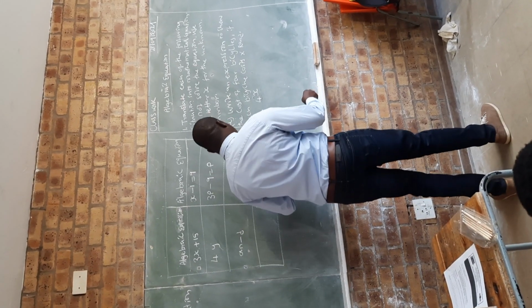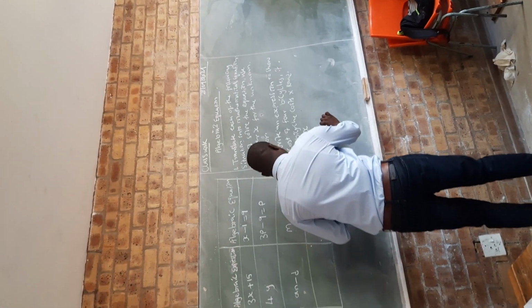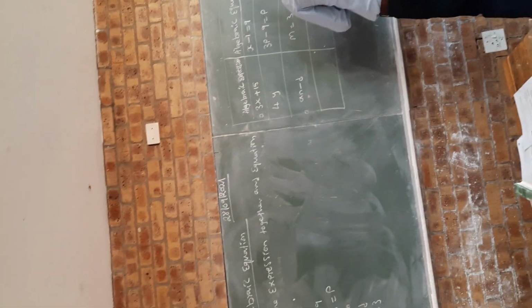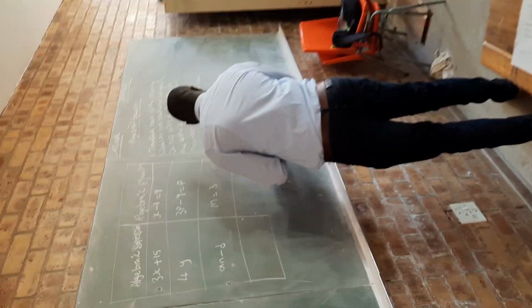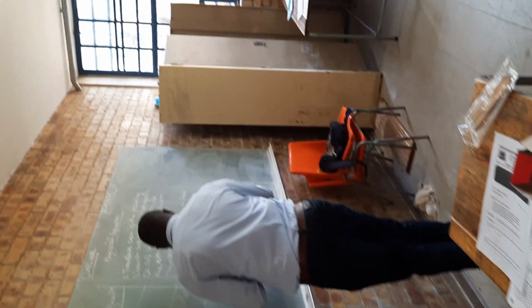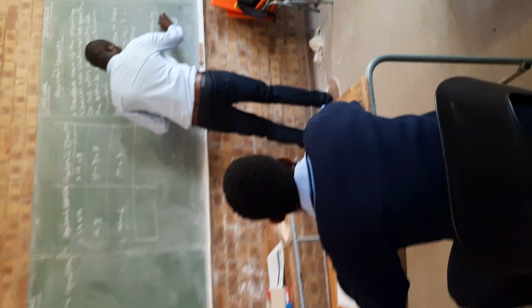I want you to do number B on your own and give the equation. Number B says: if we multiply a number by 2 and then add 5, the answer is 43.